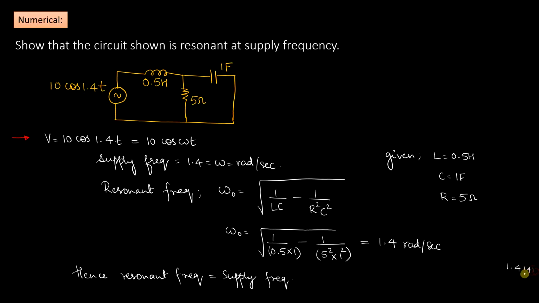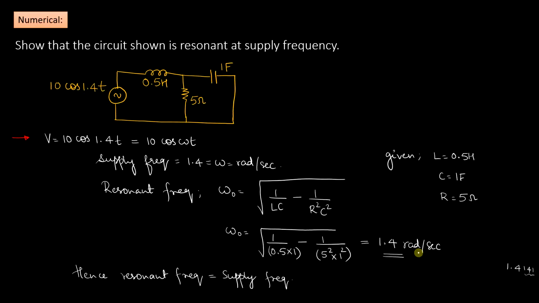This will be incorrect because for this particular circuit we have the additional term, 1 by R square C square, which will precisely give you the value of 1.4 radians per second. Is that understood? Yes or no? Okay.